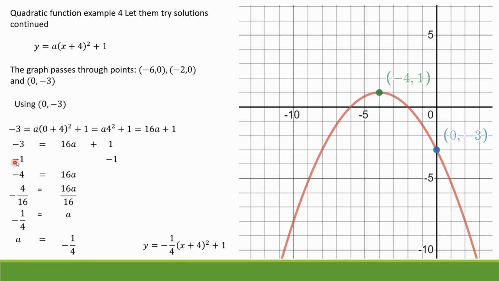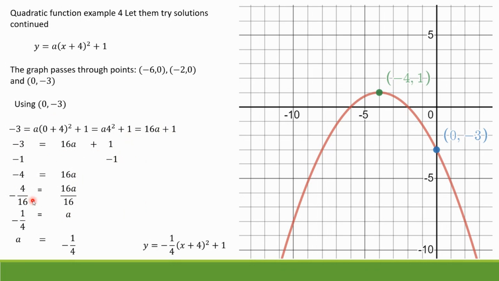Subtract 1 from each side. We get -4 is 16a. We want to get a all alone, so we divide by 16. Then we get -4 over 16 is a.